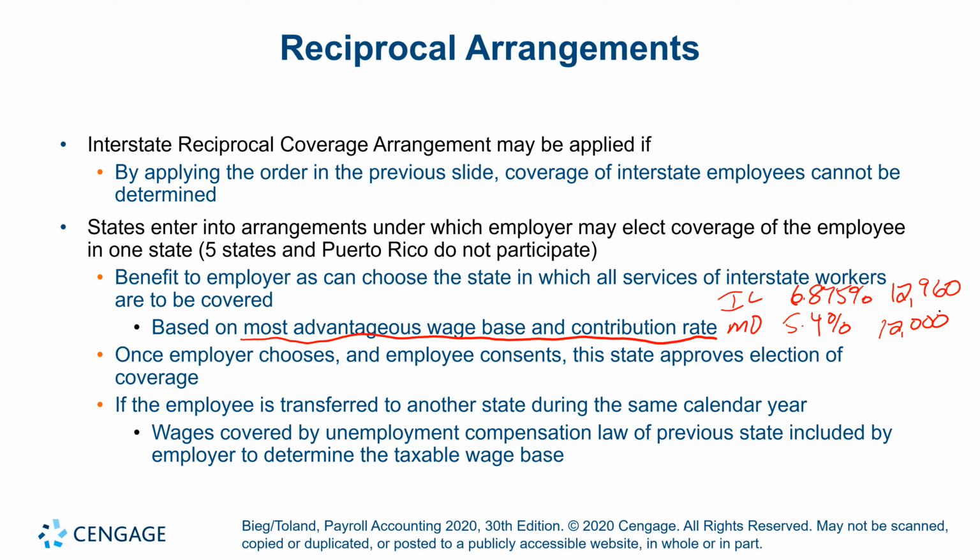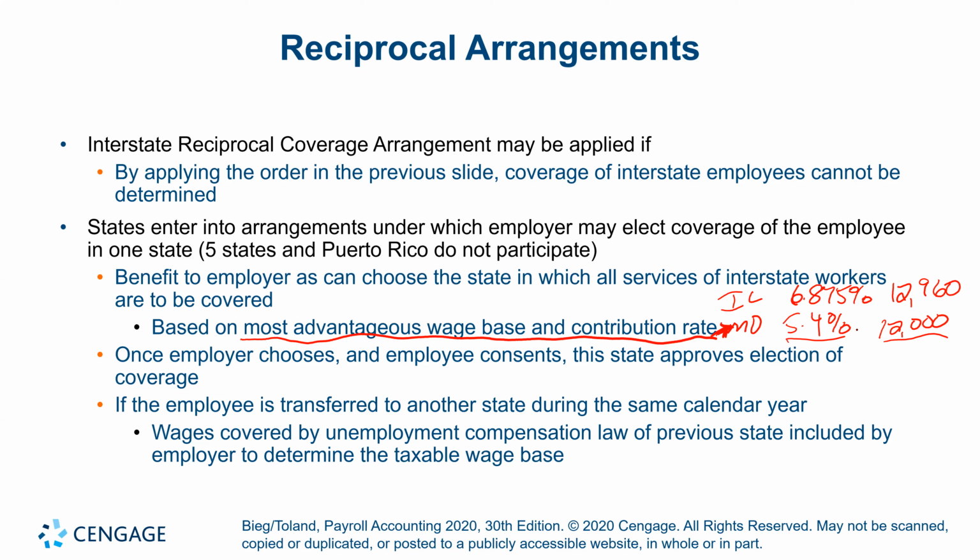So if a company chose to sign into one of these interstate reciprocal coverage arrangements, they might be inclined to choose Missouri because Missouri has a lower wage base and a lower unemployment rate, basically.